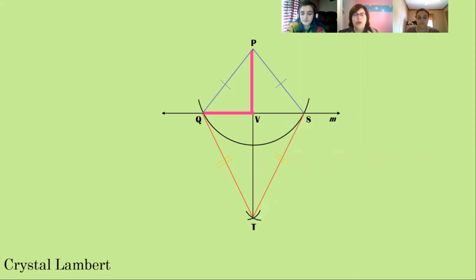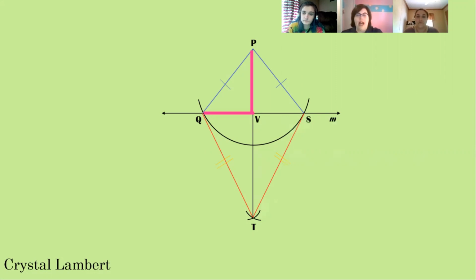The first thing we notice is that angle QVP and angle SVP are adjacent and supplementary. What does it mean that the angles are adjacent and supplementary? Angles are supplementary when their sum is 180 degrees and they are on the same side of the line. We look at this line M, and angle QVP and angle SVP both come up, right?